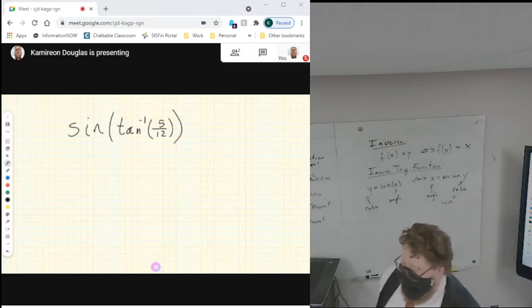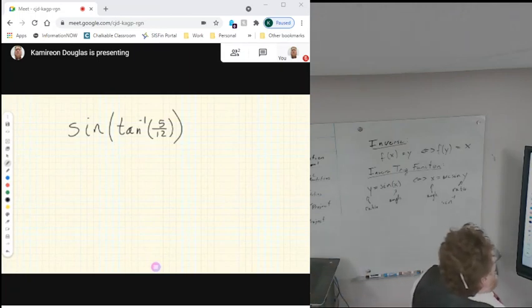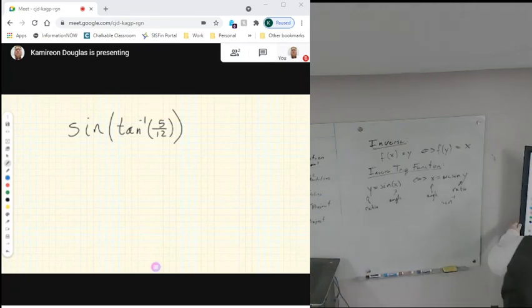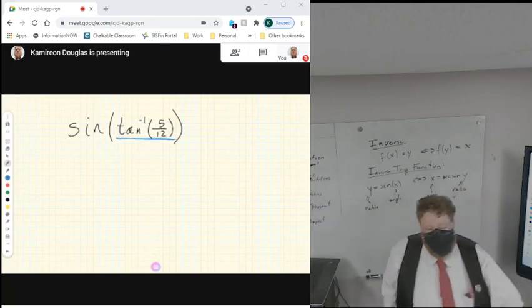Those of you who have taken the trig class already might remember how a composite function like this works. As with all composite functions, the order of operations is you work inside out. So you will solve this part of the problem first before referencing the second part, which is the sine portion of the problem.